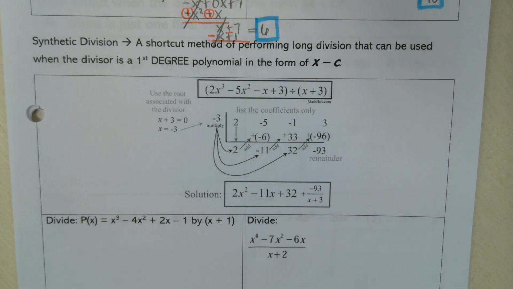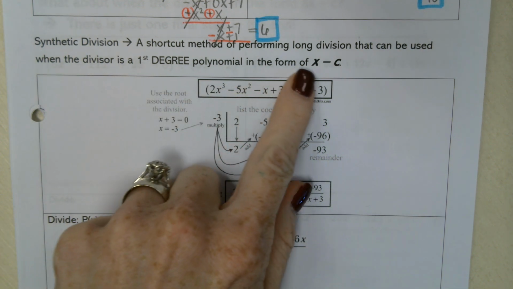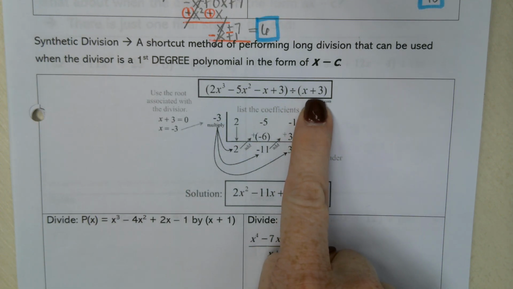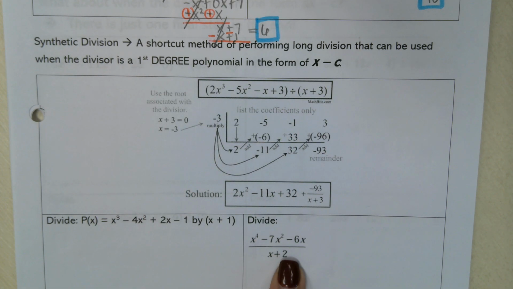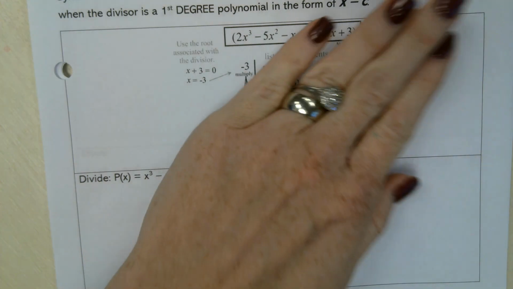Now, this only works if your divisor is a first degree polynomial, something like x plus 3, or x plus 1, or x plus 2. Let me show you this, and then I'll come back up here.